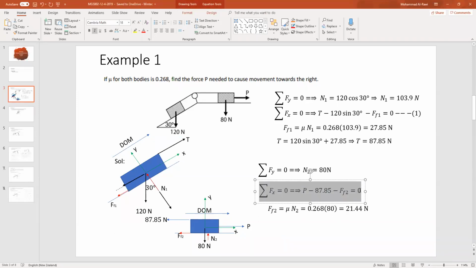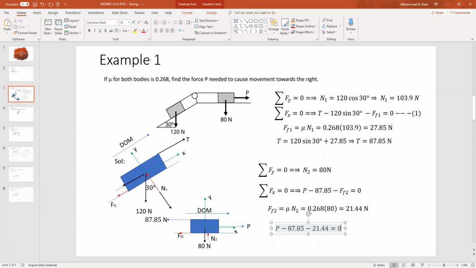So that will save me time. And I will copy this one, bring it here. So if I move this to the other side, I'll show you first. So minus 21.44 equals to 0. Oh, sorry, use the same font to avoid any confusion.